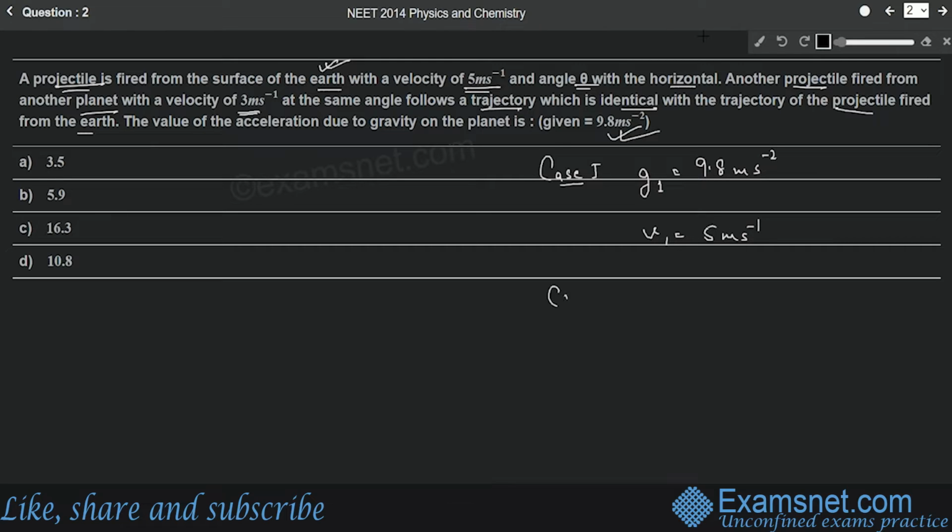Now in the second case, the projectile has been fired from another planet. Let's say the acceleration due to gravity of that planet is g2, and we don't know the value of g2. But the velocity at which the projectile has been fired is 3 meter per second. So v2 is equal to 3 meter per second.